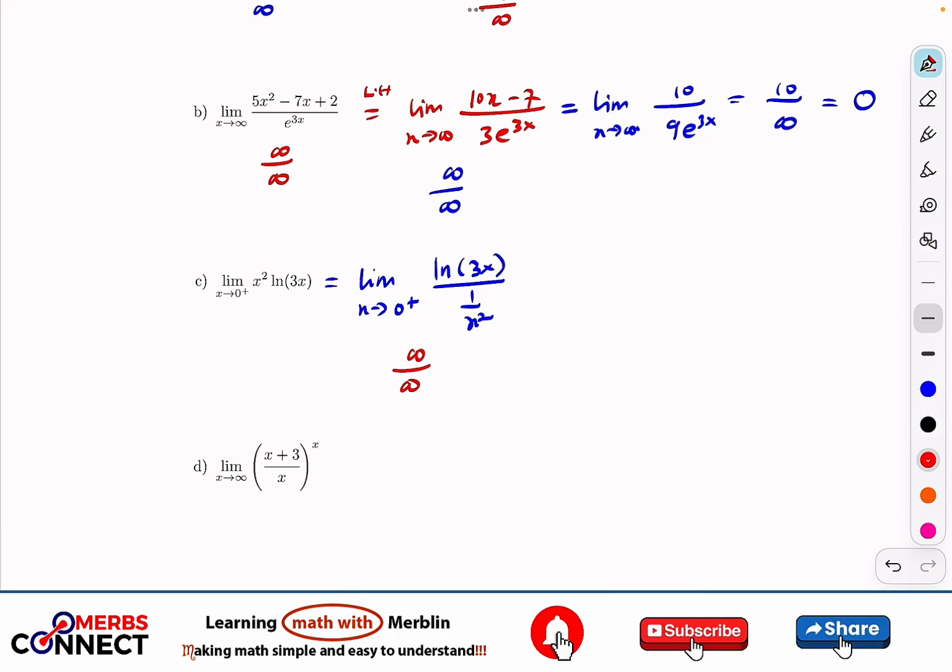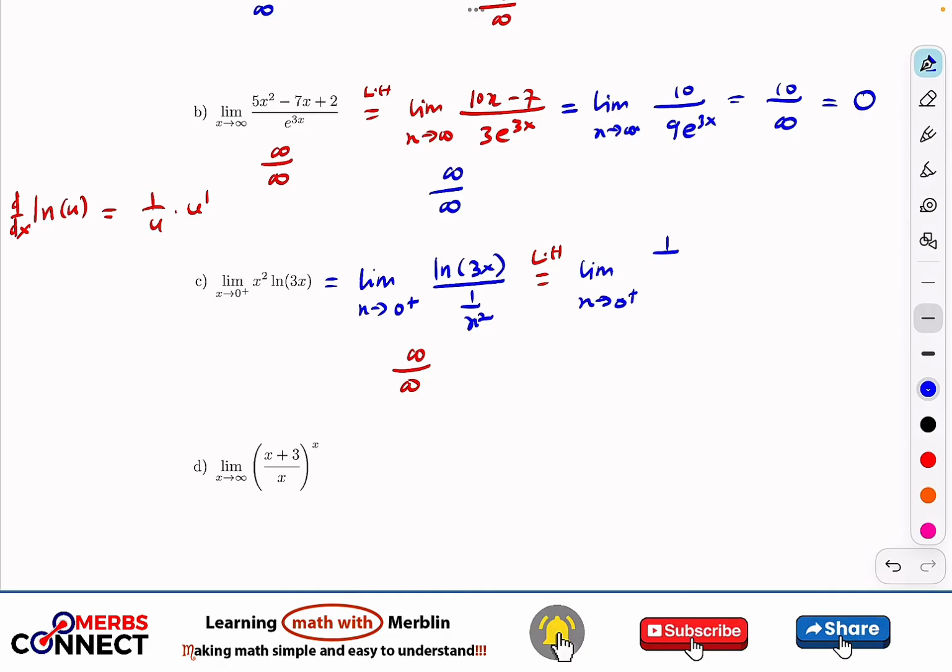So now what happens here? Now we can apply L'Hopital's rule. Remember, when I differentiate the natural log of u, this is 1 divided by u times u prime. So this is going to be the limit as x approaches 0 from the positive.